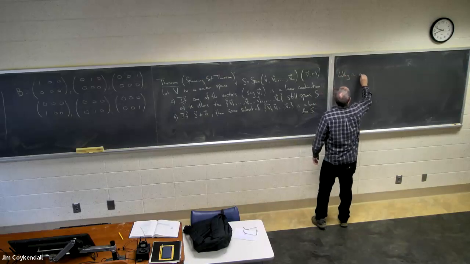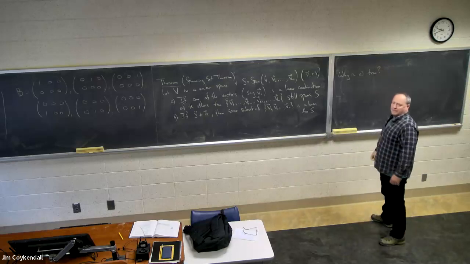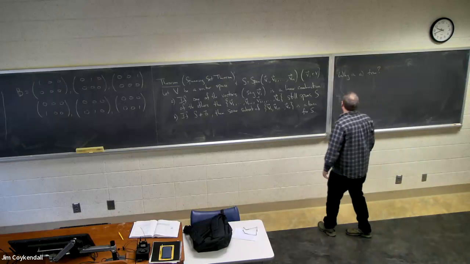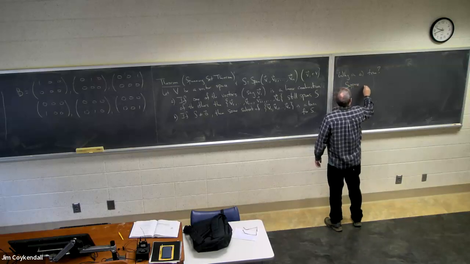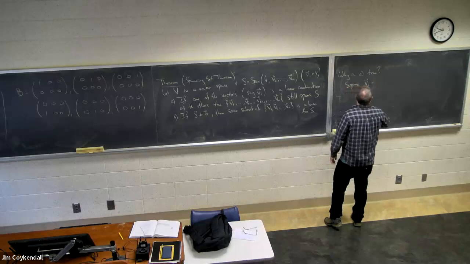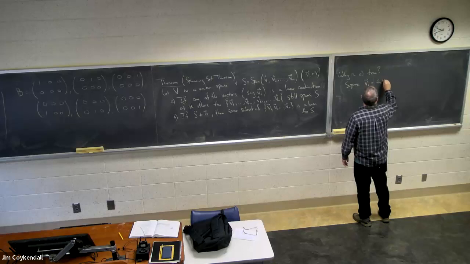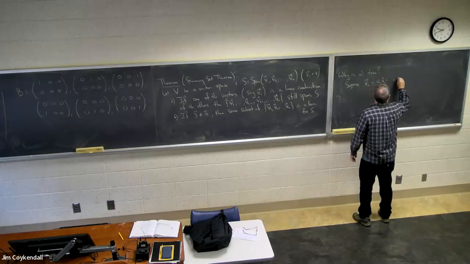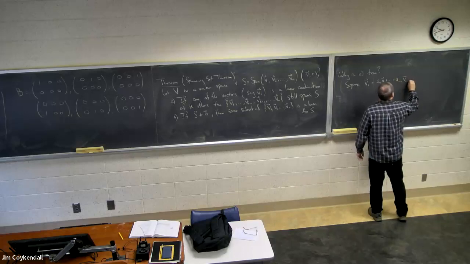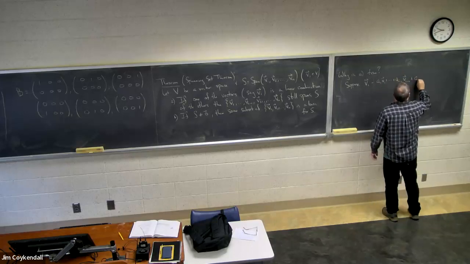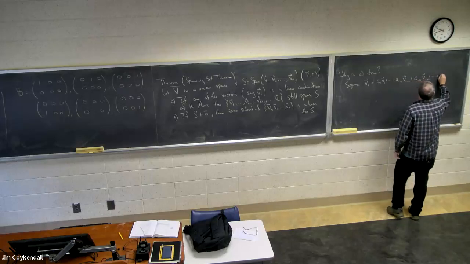Suppose v_i is a linear combination, a1 v1 plus ... plus a_{i-1} v_{i-1} plus a_{i+1} v_{i+1} plus ... plus a_n v_n.